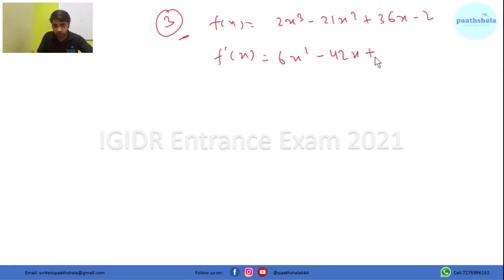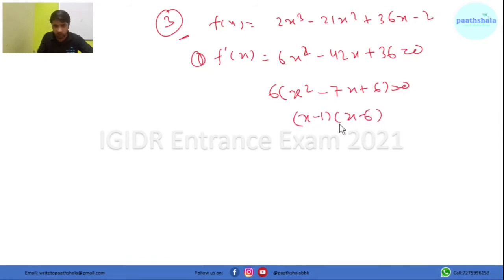Now we have to equate it to 0, take 6 as common, so this will come out to be x square minus 7x plus 6 equals to 0. Now we can solve it by the splitting method. So this will come out to be (x minus 1)(x minus 6) equals to 0. So here x is coming out to be 1 and 6.